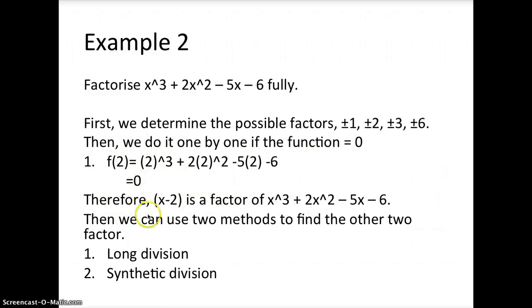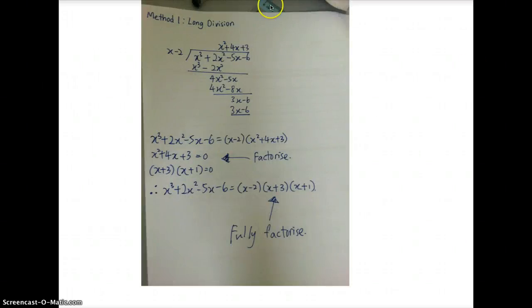Then we can use two methods to find the other two factors: long division and synthetic division. So this is the long division. We get the quotient and we put the divisor inside, a in the front, and we factorize the quotient to get the lowest terms, which is fully factorized.